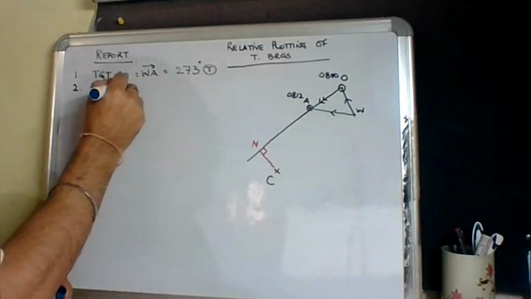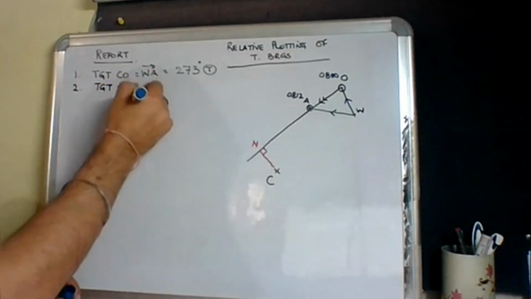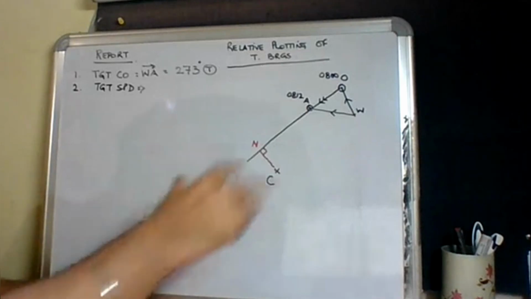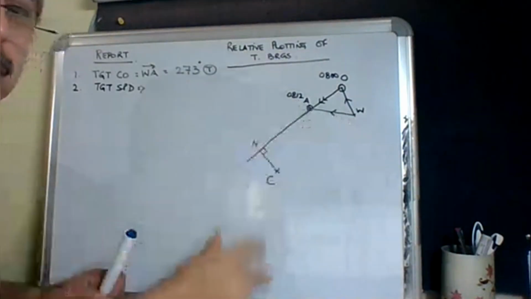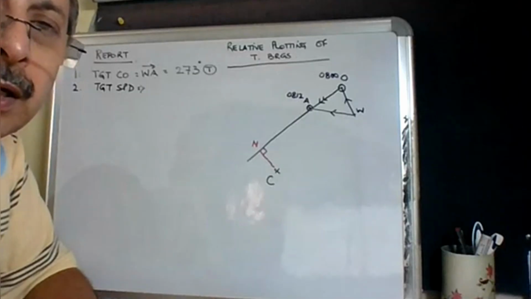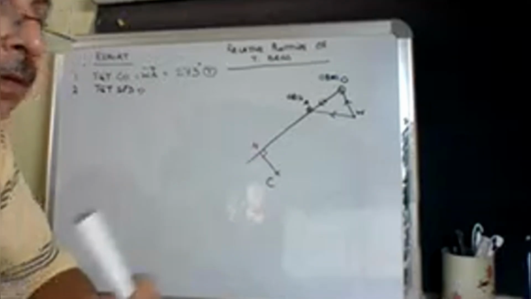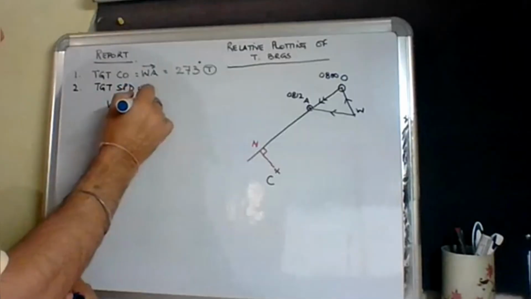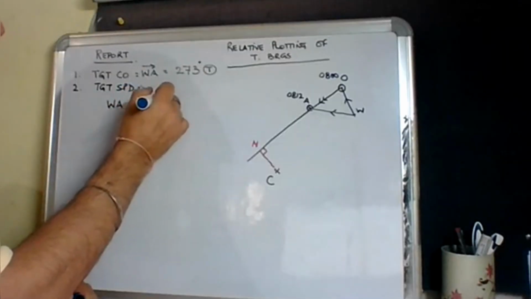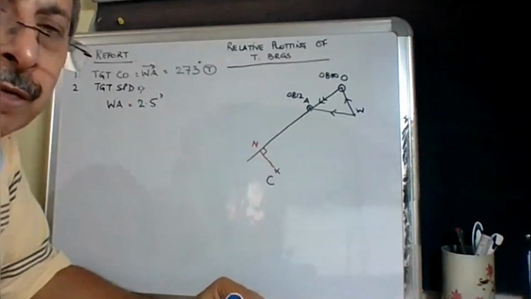Next, target speed. Now measure WA. Measure WA and supposing आपका आता है 2.5 miles, 2.5, 2.6, whatever.